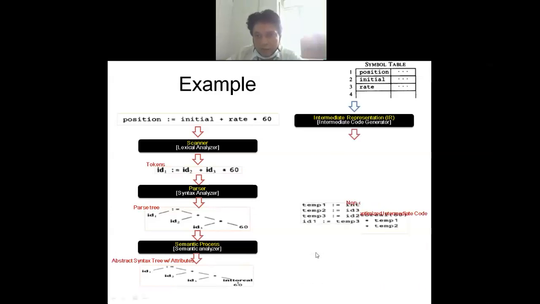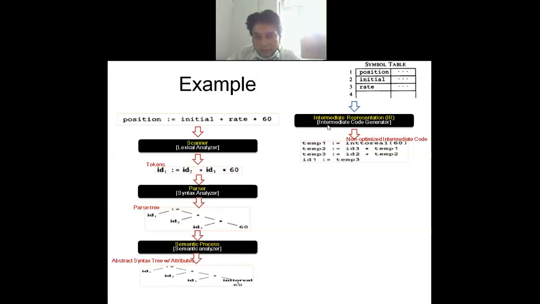Then in the fourth phase, you can see there is the intermediate representation or the intermediate code generation, which acts as the bridge between the analysis phase and the synthesis phase. In this, we take a temporary variable temp1, in which we store int to real 60. In temp2, we store id3 into temp1.